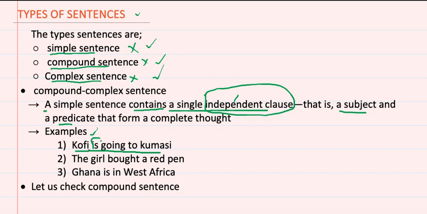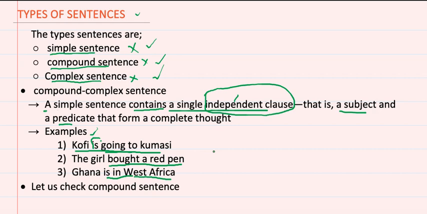So it has only one independent clause, going to school. The girl bought a red pen. So bought a red pen. You see. Ghana is in West Africa. Is in West Africa is the independent clause. It's only one, so it's a simple sentence.